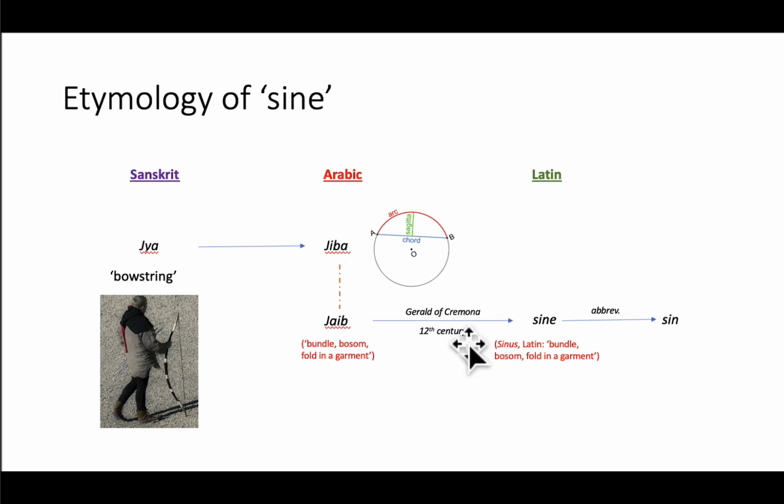However, in the 12th century, Gerald of Cremona, who translated the Arabic mathematical books into Latin, somehow managed to confuse jiba with another Arabic name jaib, which means bundle, bosom, or fold in a garment, and mistranslated jiba into sine, which also means in Latin bundle, bosom, or fold in a garment, from the word sinus.